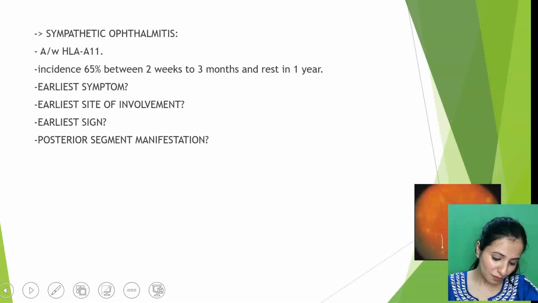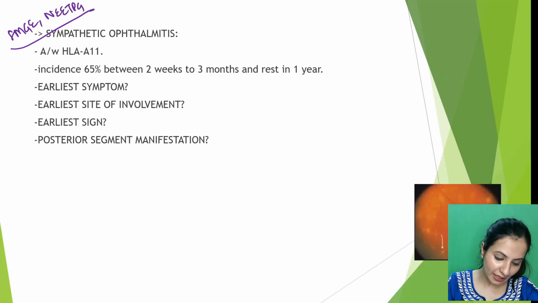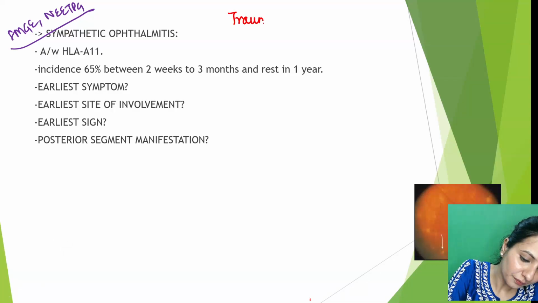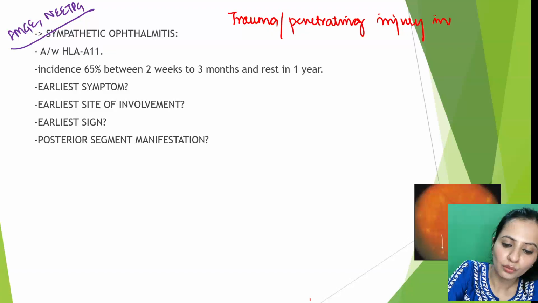Now, most important for both FMG and NEET PG exam is your sympathetic ophthalmitis. Now, what is sympathetic ophthalmitis? Basically, whenever you have either trauma or penetrating injury in one eye.